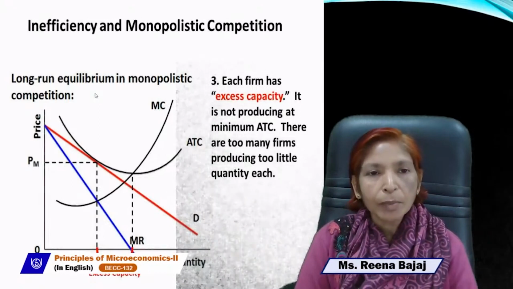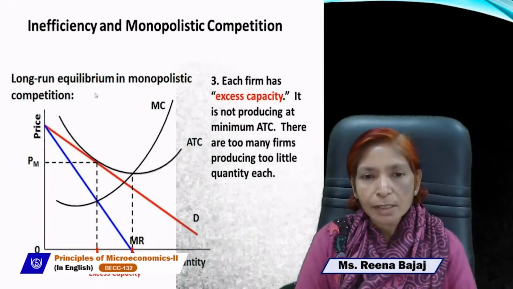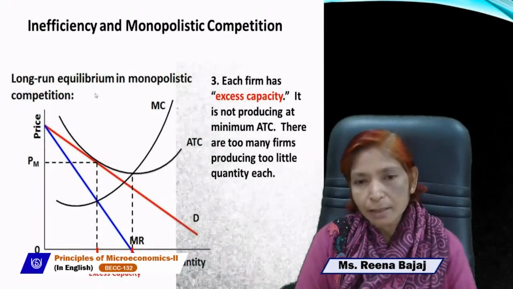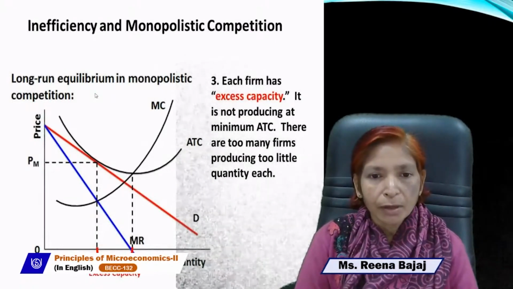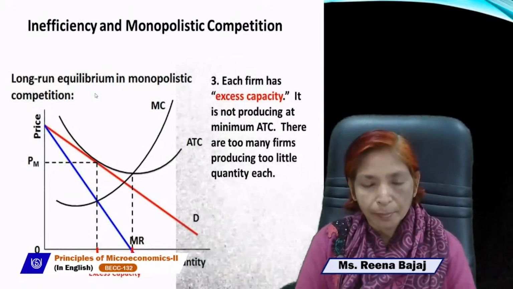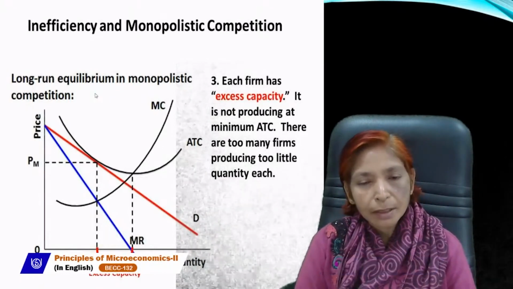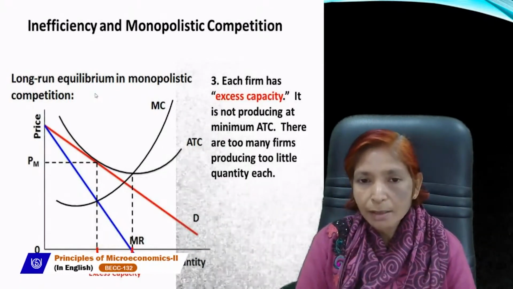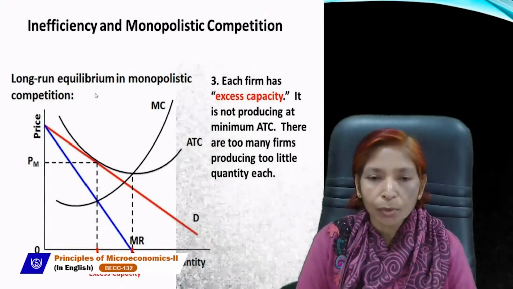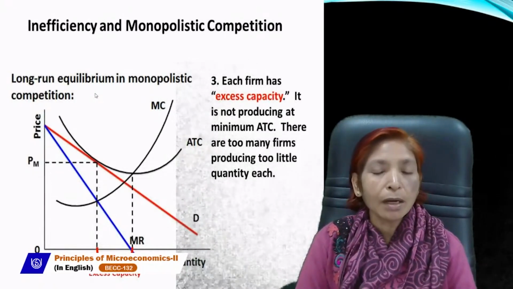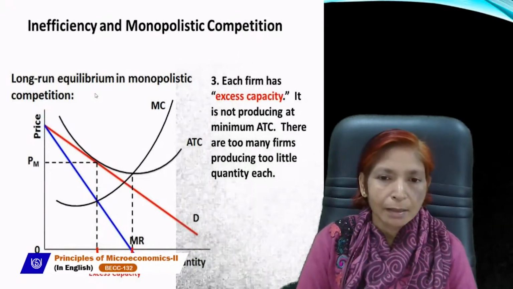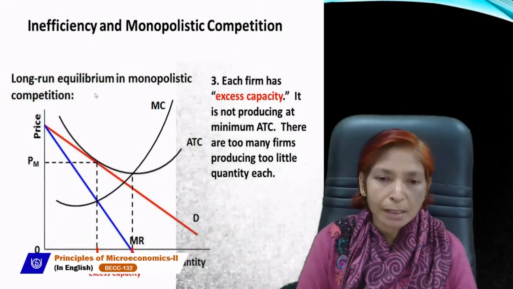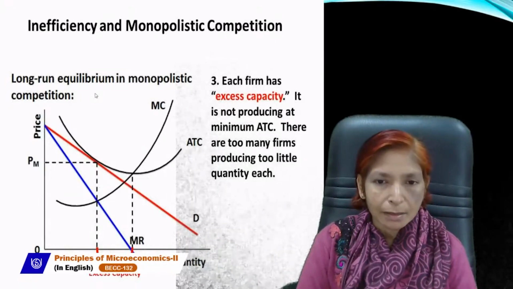In a monopolistic competition market, due to inefficiency, excess capacity exists. What is this excess capacity? It shows that the firm has capacity to produce more, but to earn maximum profit, the firm will produce less and charge a higher price from the buyers.